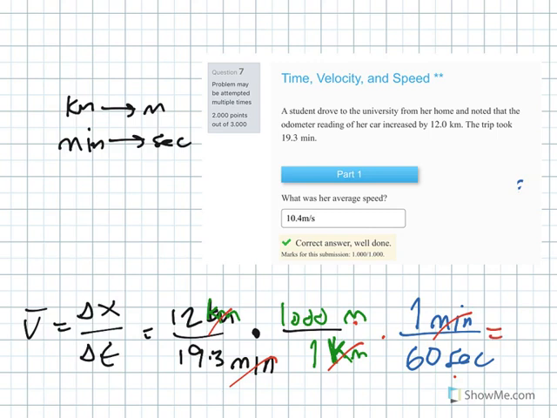So upstairs it's 12 times 1,000, so that's 12,000 meters divided by the bottom part. I'm going to do 19.3 times 60, and that is 1,158 seconds.